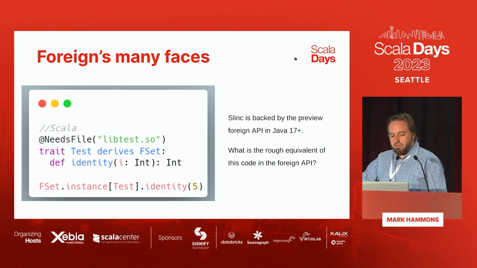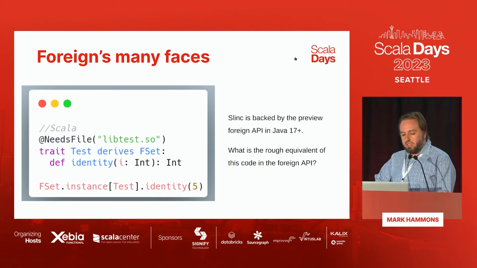And what that means is that it changes all the time between the JVM versions. So here I have a binding in Slinc, and I would like to show you how that maps to the foreign API in Java 17 and Java 19.